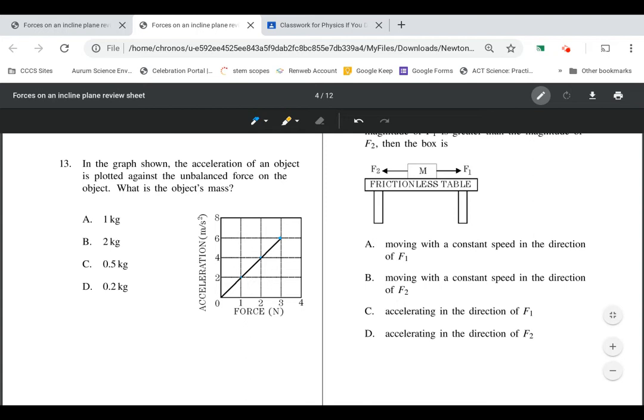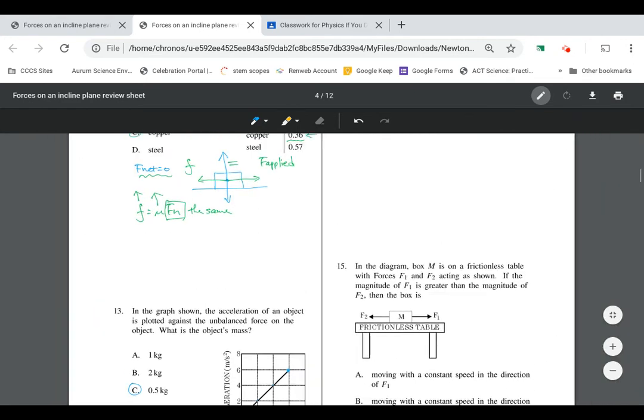So we know mass is force over acceleration. You can pick 3 Newtons. I'm picking this point. 3 Newtons over 6 meters per second squared, which is half or 0.5 kilogram. C.